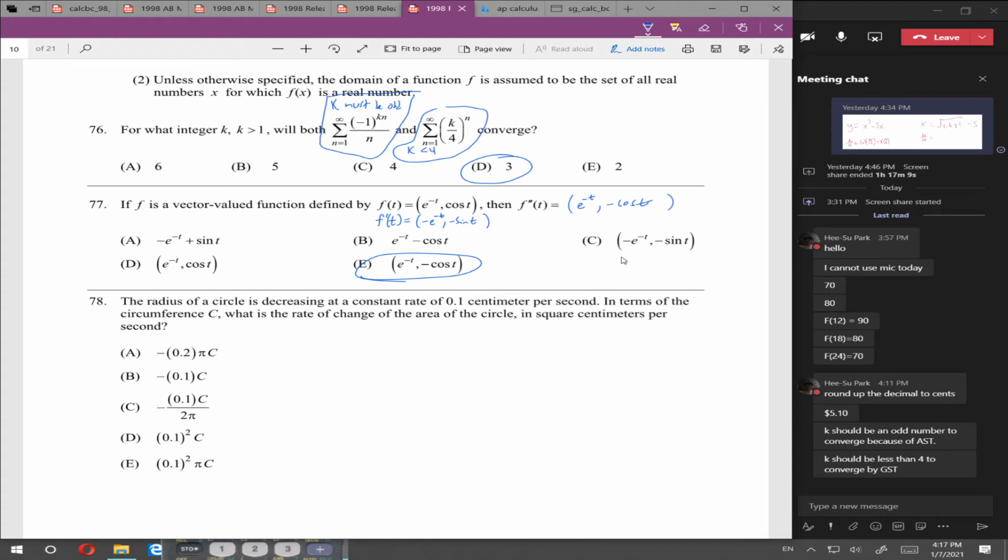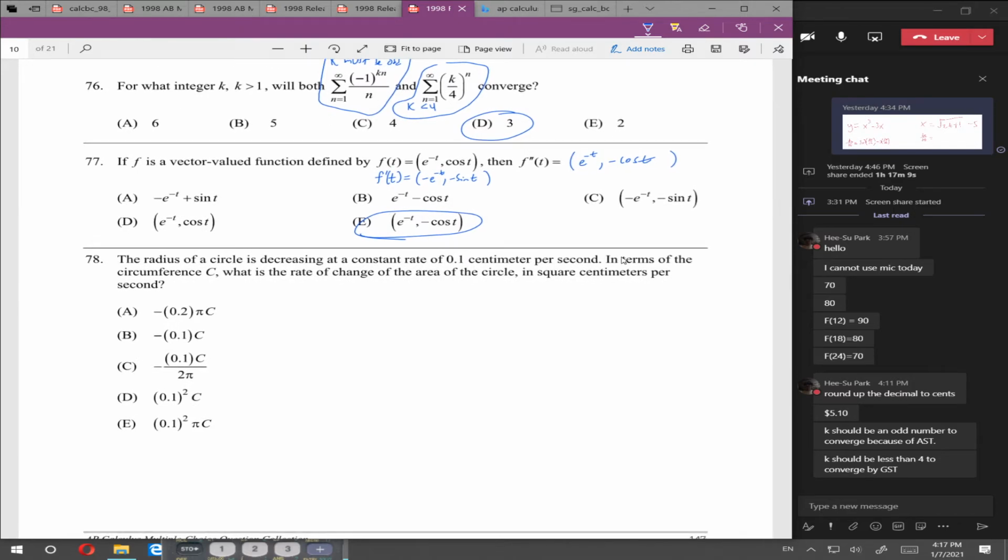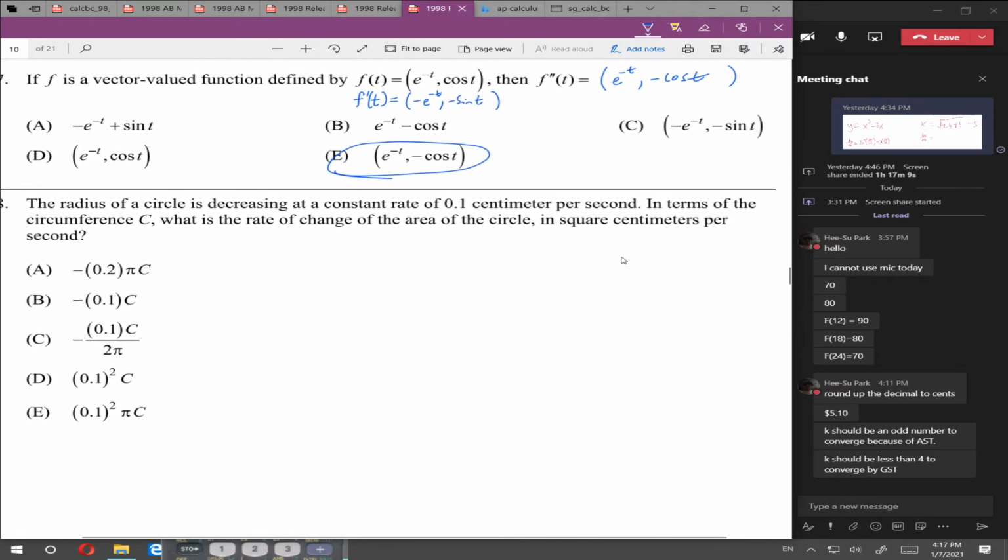Alright, going down to 78. The radius of our circle is decreasing at a constant rate of 0.1 centimeter per second. In terms of the circumference, I want to know what the rate of change of the area of the circle would be. What did they give us first? Constant rate of decrease. What's decreasing though?